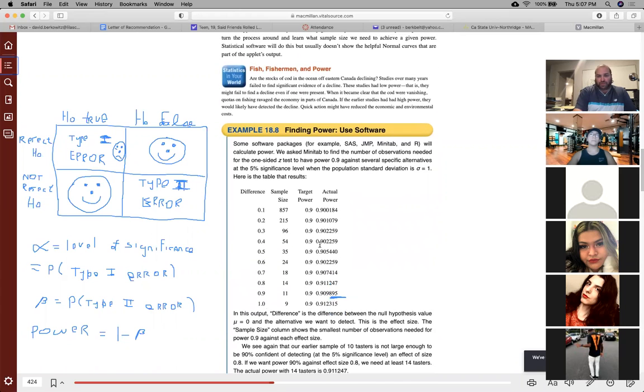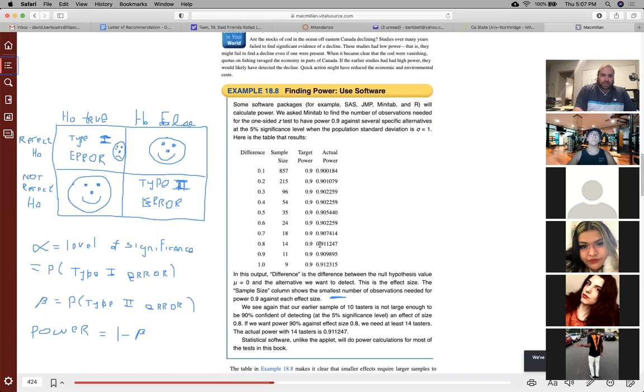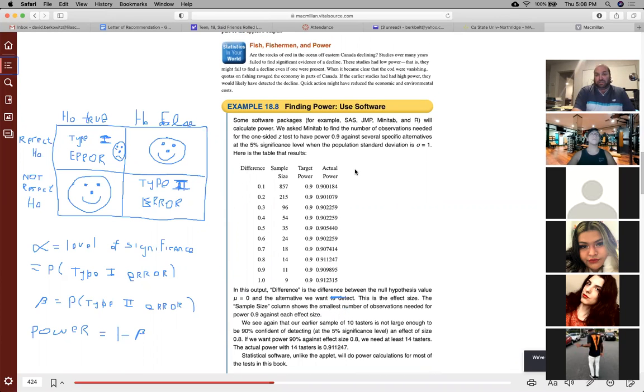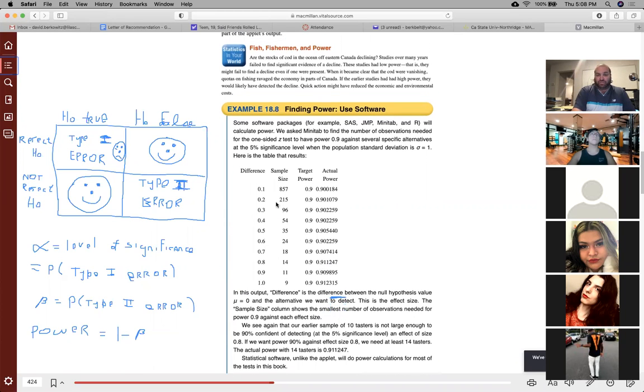Oh, let's try this one as well. Okay, it says some software packages, for example, SAS, JMP, Minitab, R, will calculate power. I'm not even sure, I guess Cruncher can probably do it. We'll see, I guess, in a minute, if Cruncher can calculate the power of a test. But let's take a look.